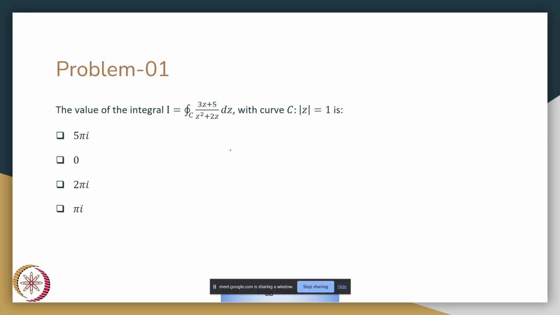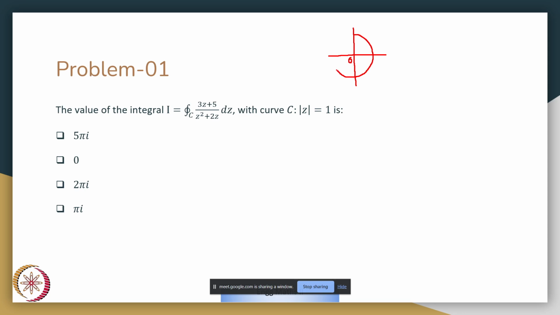Okay, the first problem asks us to calculate the value of the integral I equal to circular integral over the curve C of (3z plus 5) upon (z square plus 2z), with the curve C given by norm of z equal to 1. How do we go about this? I'll first draw the curve C. This is my origin O. C is a circle with radius 1.